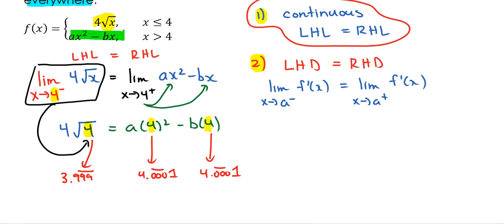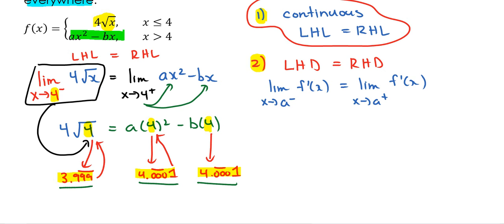It's true that when we had these one-sided limit problems in the previous chapter, I did use these kinds of values, but you need to recognize in this problem that 3.999 repeating is basically the same thing as 4, and 4.0000 repeating 1 is the same thing as 4 as well. So in order to simplify this problem, you can just use the integer values. You don't have to use these values over here.